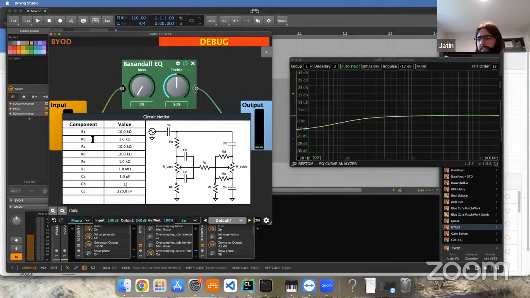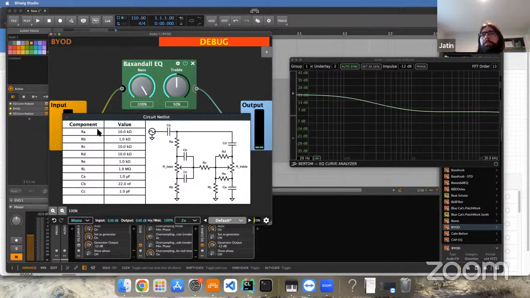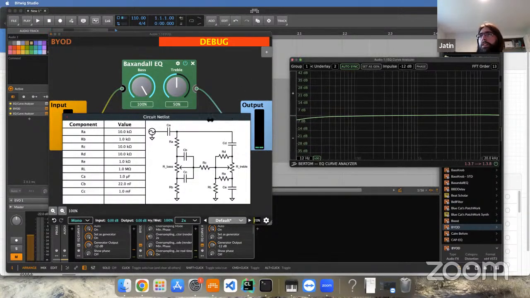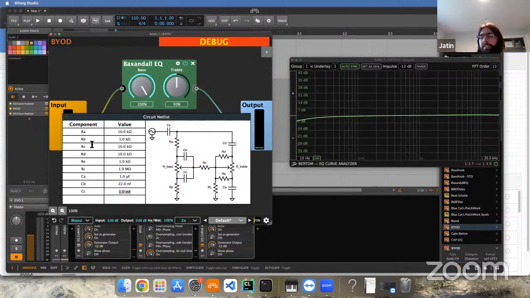It's like a good 12 dB boost or so, so it does make a big difference. That's kind of interesting. And then what about CC? Okay, if we make this too large, then it takes away all of our boost. There we go. That's cool.